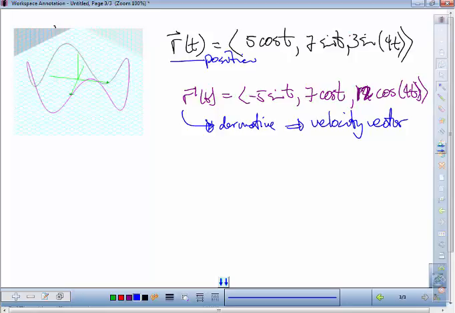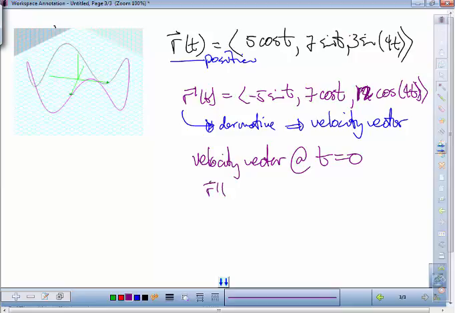What would be interesting is to see this being applied, by taking a look at the velocity vector at some value, let's say t is equal to 0. So we say r prime of 0, we'll put 0 in now because we already have the derivative.